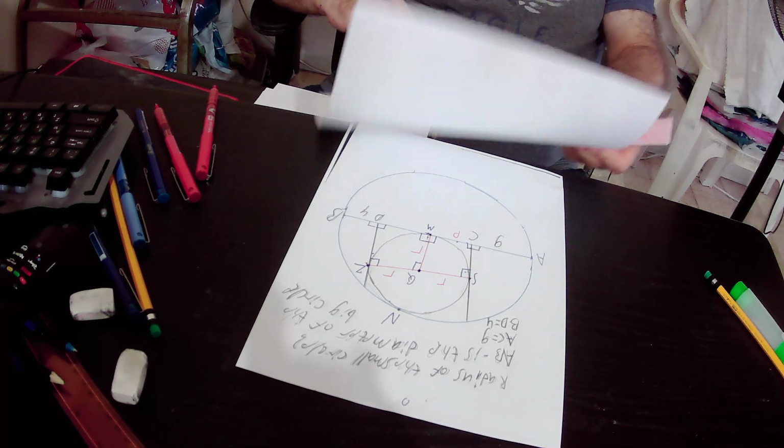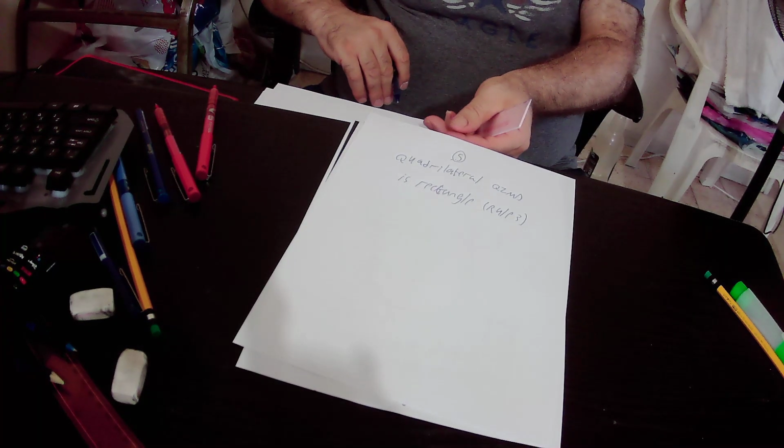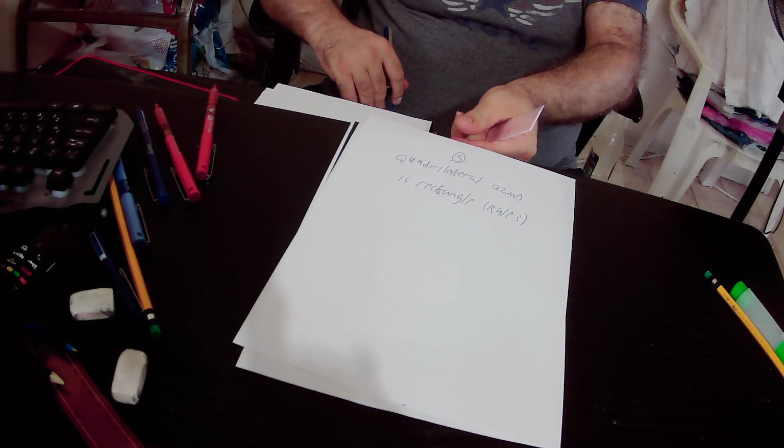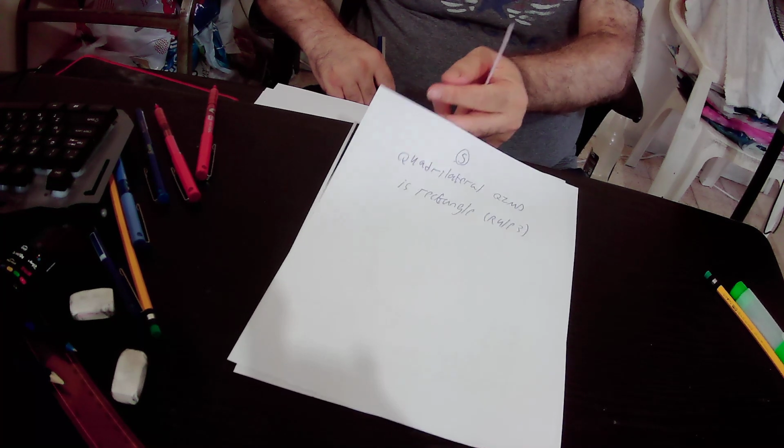Okay, quadrilateral QZMD is a rectangle according to rule number 3.